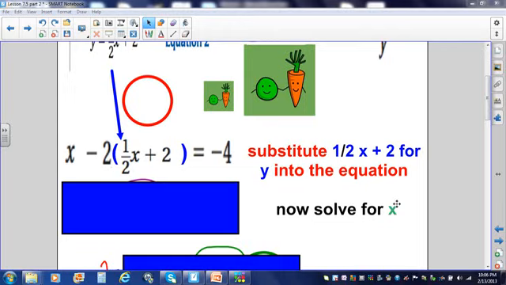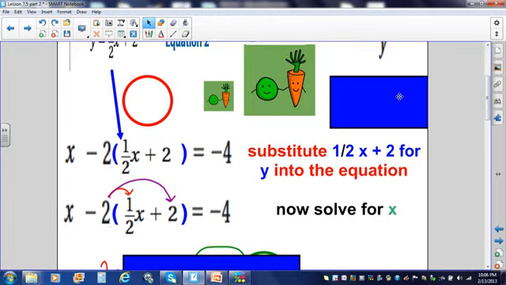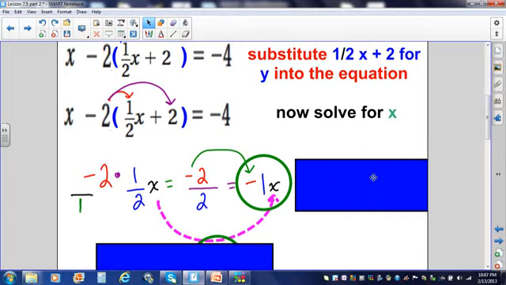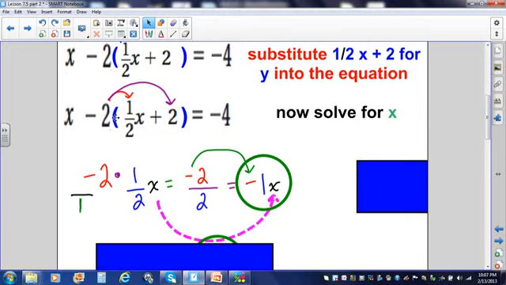Did you understand how I did that substitution? Alright, now let's solve the equation. I notice that I have the distributive property going on, so I'm going to distribute negative 2 with 1/2 x, and negative 2 with positive 2. Negative 2 times 1/2 x: give this a denominator of 1, top times top, bottom times bottom.